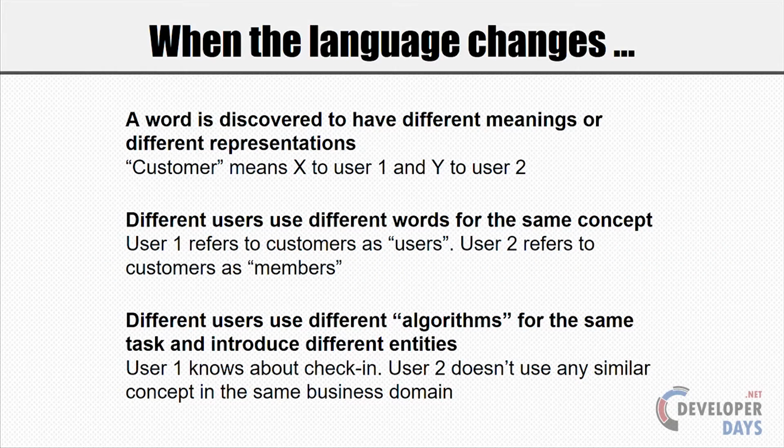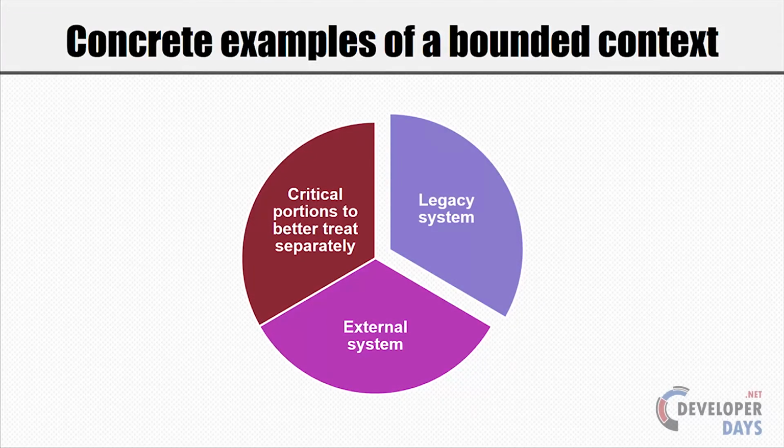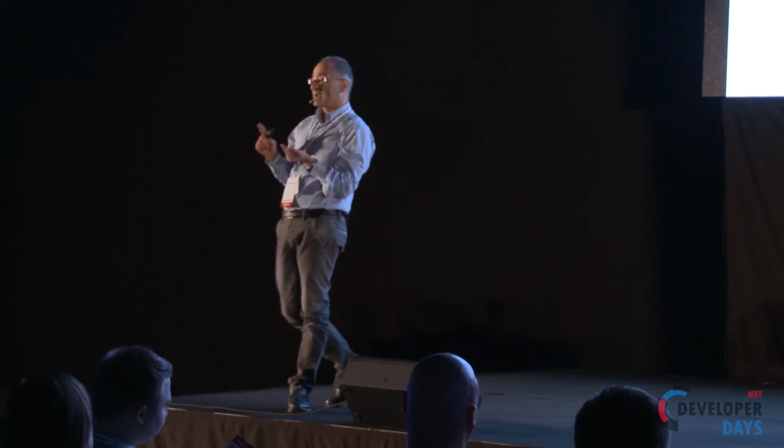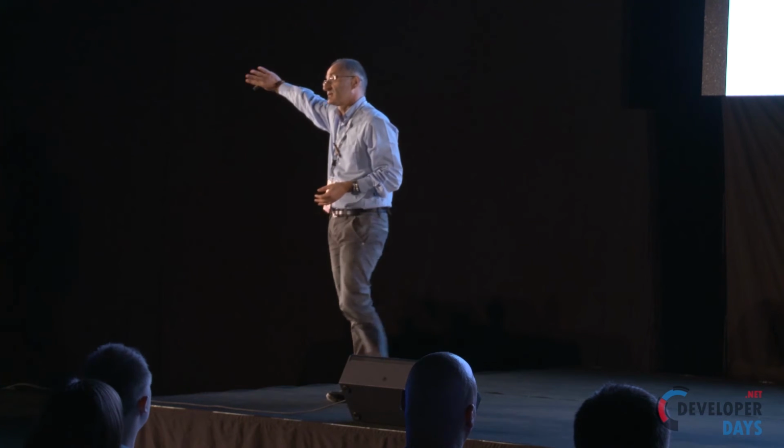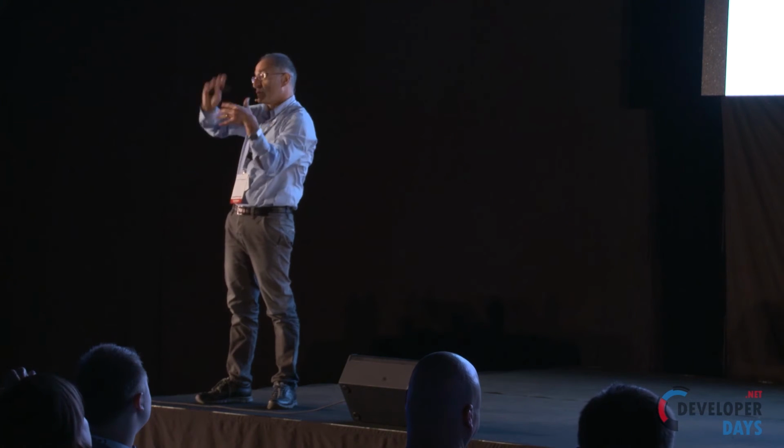Okay, and this slide just contains when the language changes, what it means. Another great example of bounded context is legacy code. So this slide summarizes: if you have a dependency on an external system you don't control, say you buy the services of Google Maps, then in the realm of your application, the wrapper around Google Maps and Google Maps itself is a separate bounded context that some parts of your code depend on.